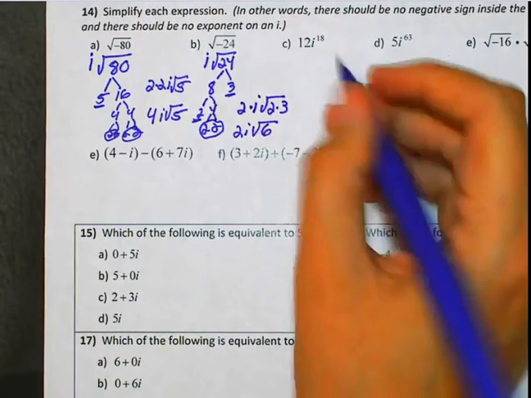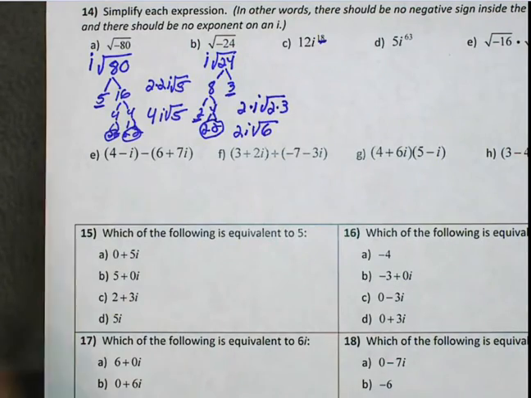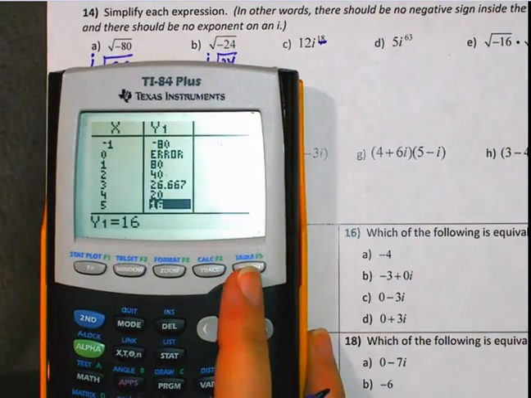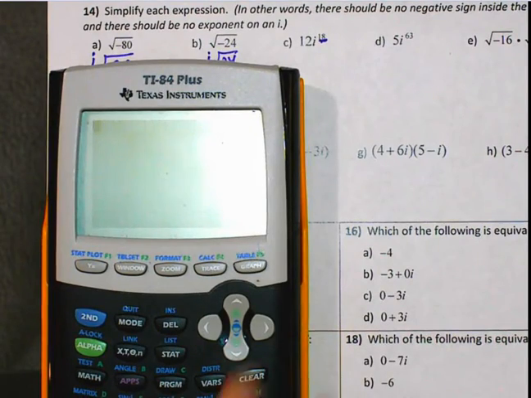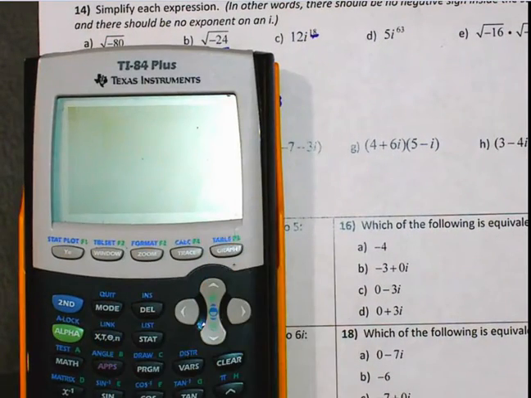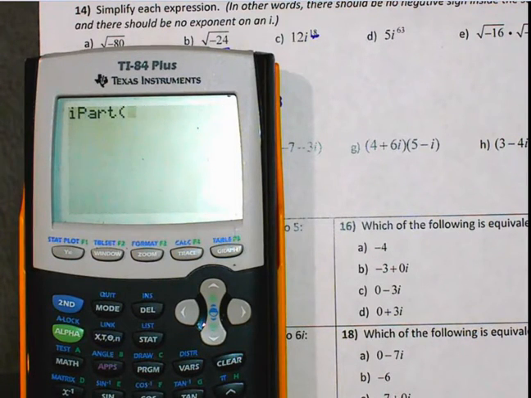Okay, this one doesn't have a square root, but we have i to the 18th. The calculator will do this for you. So if you go to Math, over to Num, and then iPart. Okay, iPart.